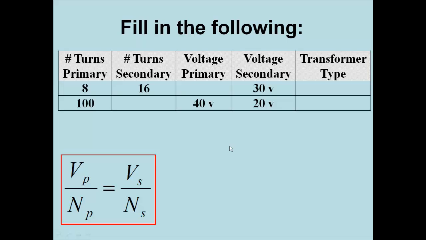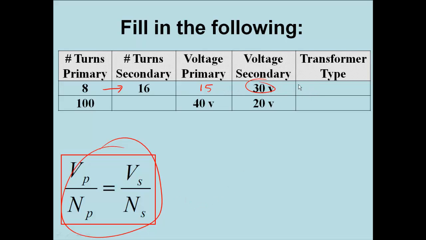Let's look at it a different way. We could just plug it in, or we can look at what's going on. The turns in the secondary doubled, therefore the voltage of the secondary should have doubled. Our primary is 15. If you plug those numbers into our original formula, you'll find that to be 15.